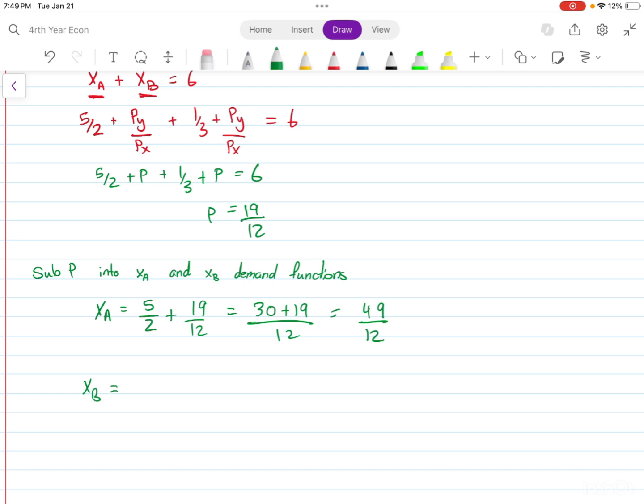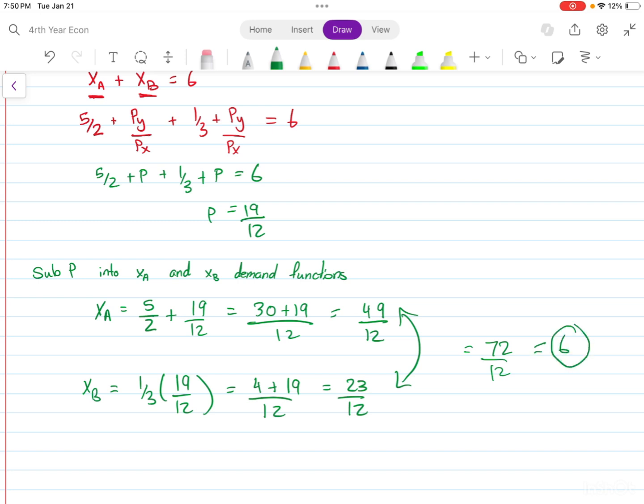Let's do the same thing for Billy. 1/3 plus 19 over 12 is 4 plus 19 over 12, equal to 23 over 12. If we add both of these together, we get 72 over 12, which is equal to 6. Since it satisfies the market condition where we can only consume 6 units of good X for Alex and Billy combined, this holds true. These are the number of units Alex and Billy are willing to trade of good X.